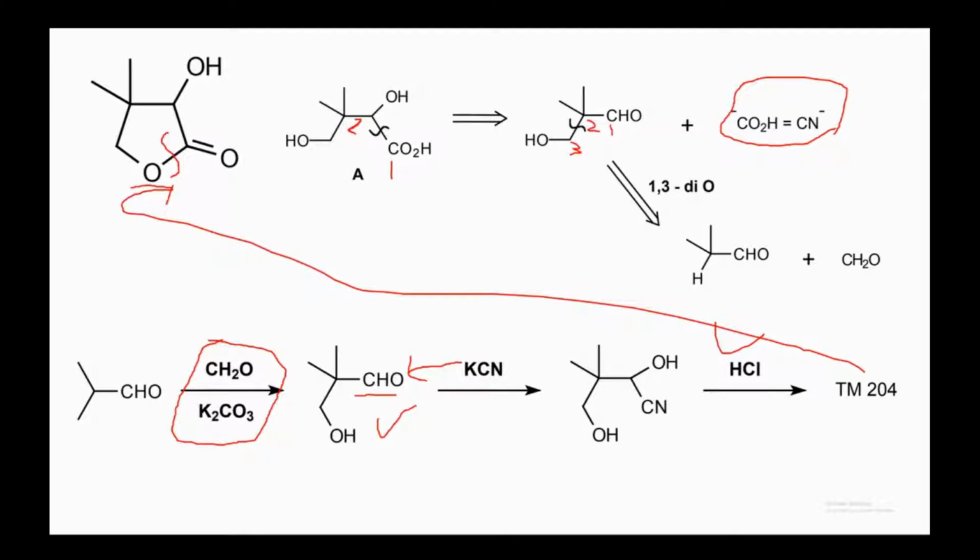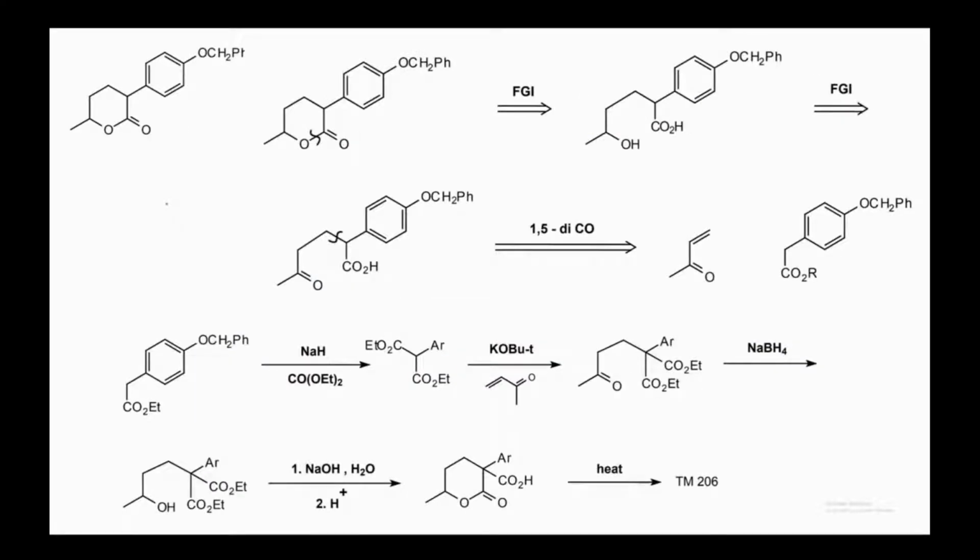So next is this molecule. As you can see, there's an ester group in it, and first we will do disconnection from the ester position, where a ring opening reaction will take place.